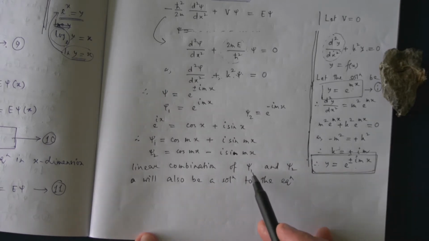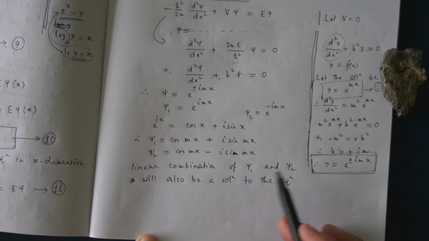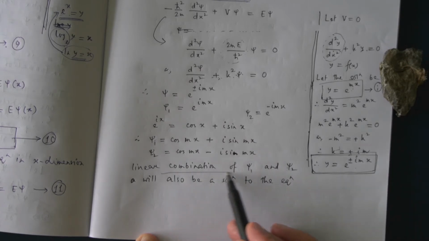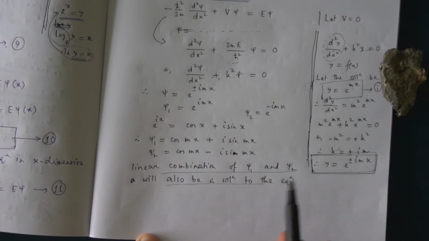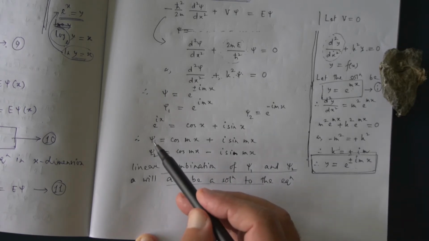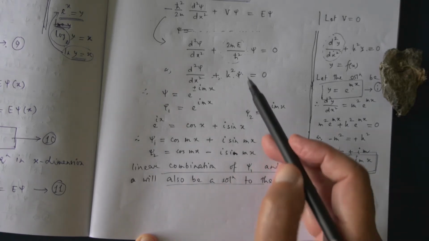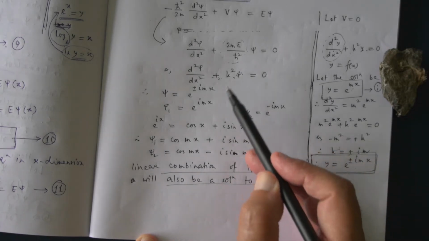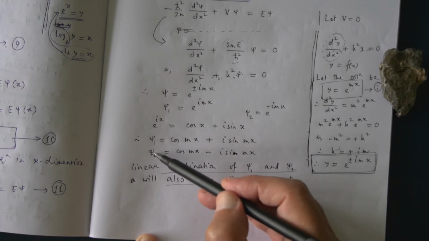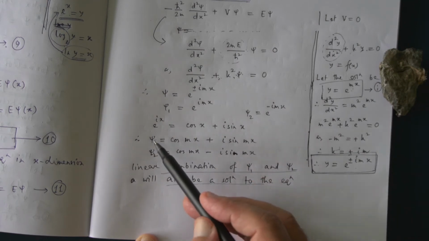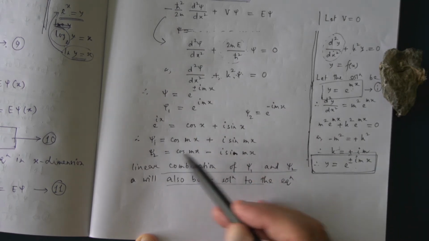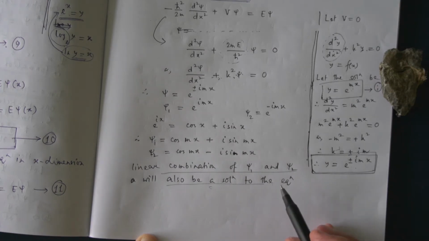Actually, psi 1 and psi 2 should have the same energy. We will discuss this later. Just remember that these are the two solutions to this equation and they have the same energy. So the linear combination of these two will also be a solution.